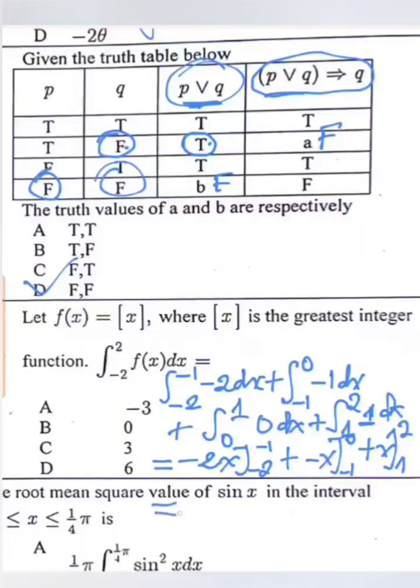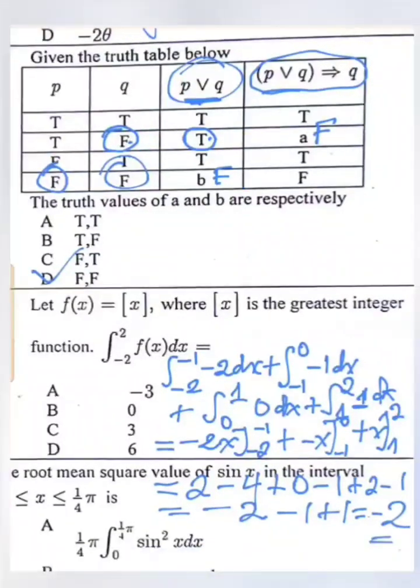When you evaluate all these, you get 2 minus 4 in the first integral, plus 0 minus 1 in the second integral, plus 2 minus 1 in the last integral. And all these give us -2 minus 1 plus 1, which is -2. And so the value of that integral is -2.